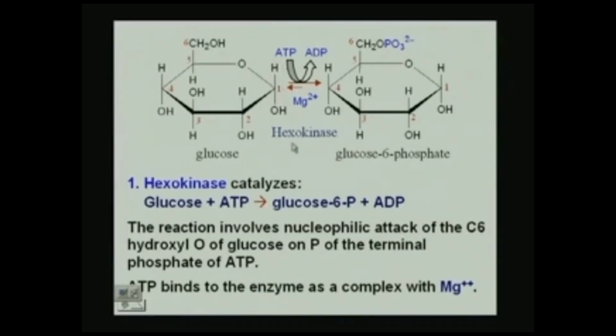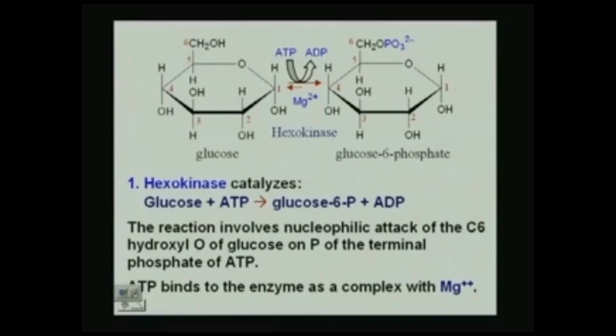In this case, the enzyme involved is hexokinase. Hexo means it is going to act on a 6-membered sugar ring. It is a kinase because it helps in the transfer of the phosphate, and the ATP binds to the enzyme as a complex with magnesium.